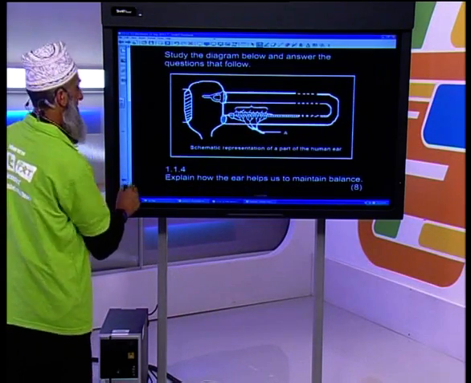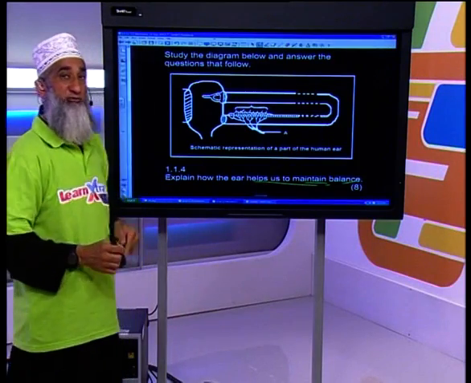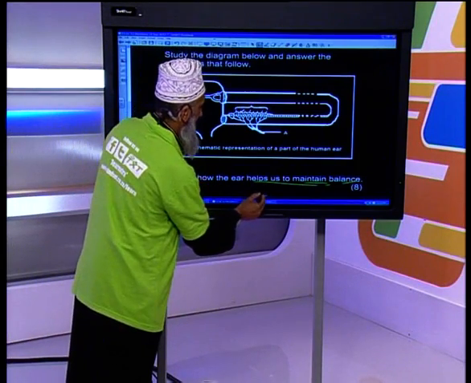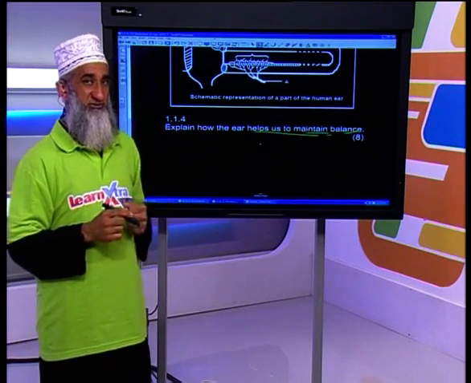Next question, 1.14, explain how the ear helps us to maintain balance. Now we are not talking about hearing, we are talking about balance. And there are two sets of parts in the ear that help us to do this.